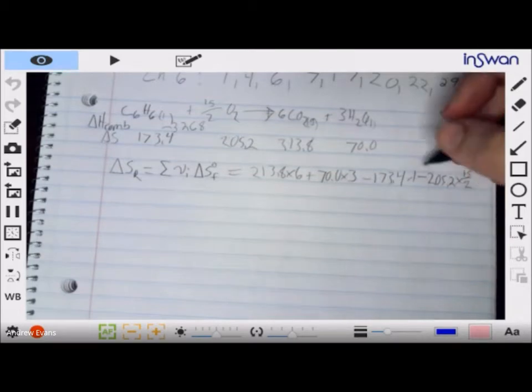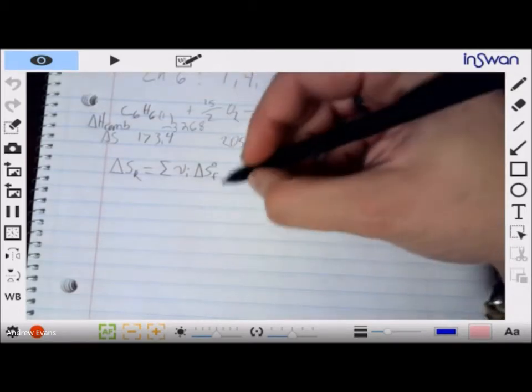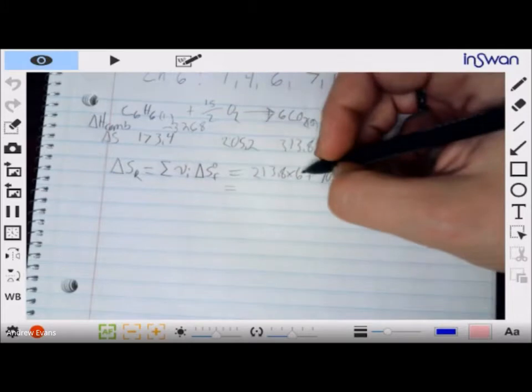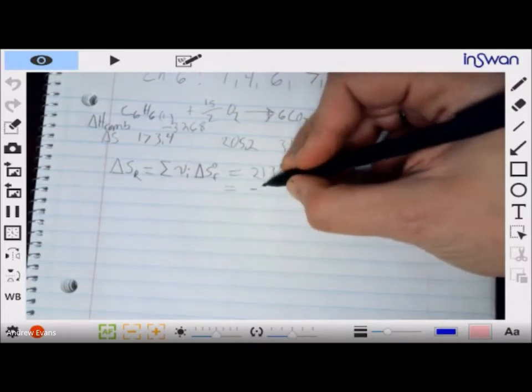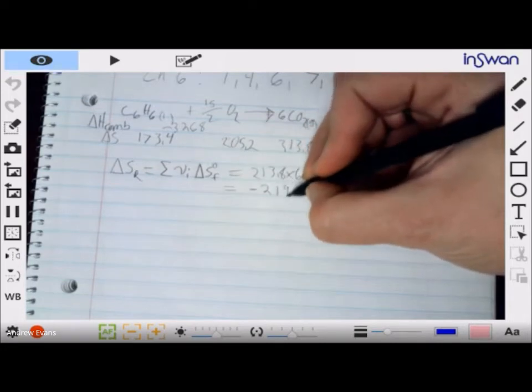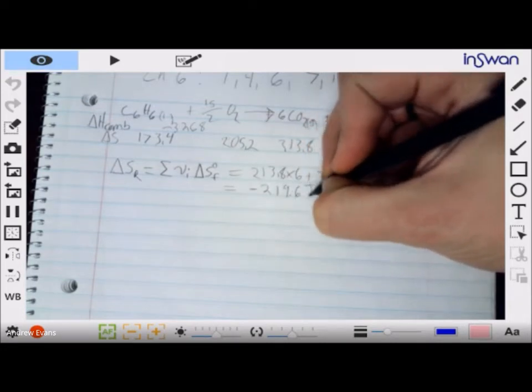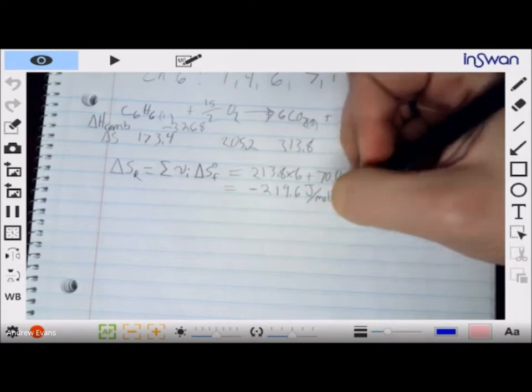We punch those into the calculator. What we should get is something like negative 219.6 joules per mole Kelvin of reaction.